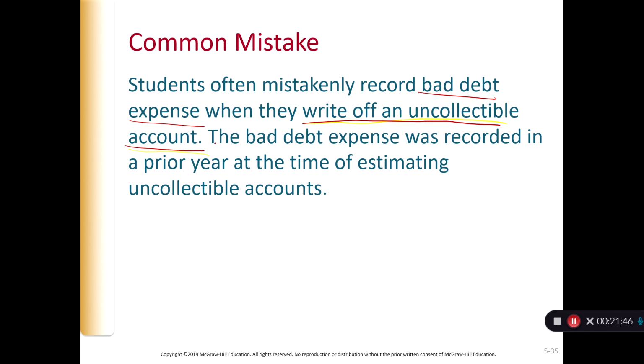But bad debt expense in our allowance method, which is the only method allowed by GAAP, is already recorded at the time of estimating the uncollectibleness of the accounts receivable. So there's no impact in the current year when you actually cannot collect the accounts receivable.